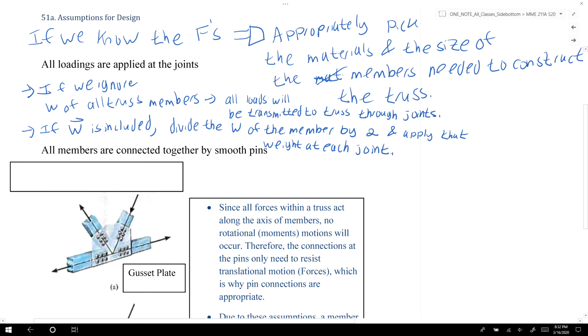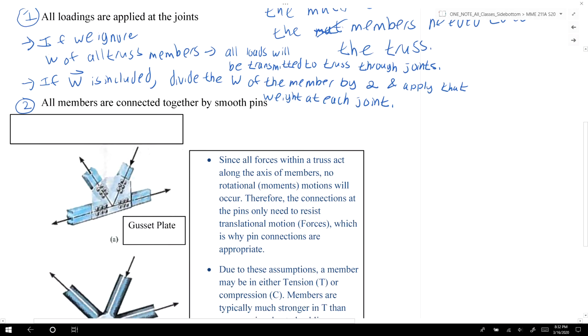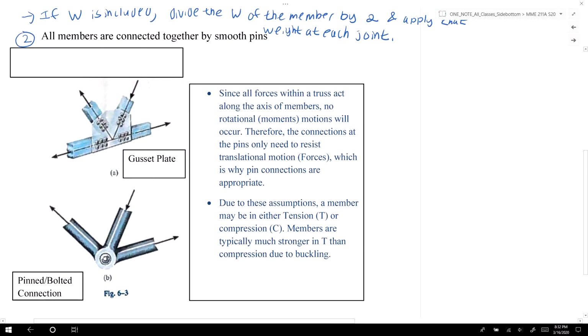The second assumption we're going to make for trusses is that all the members will be connected together by smooth pins. We have two common cases of connections in truss structures. We have gusset plates, which are used to connect different members within a truss, or sometimes the members are pinned or bolted together.